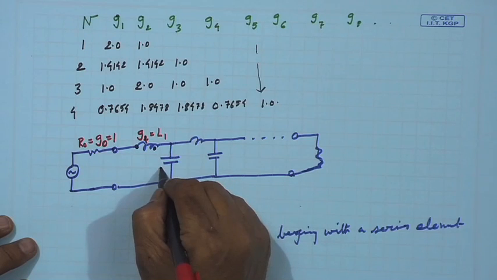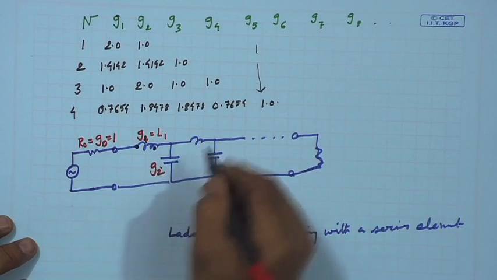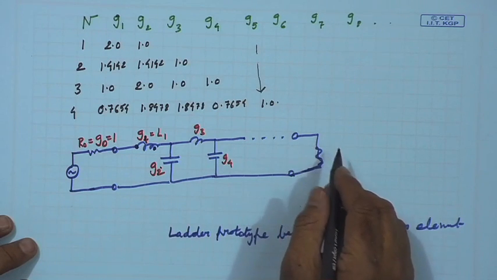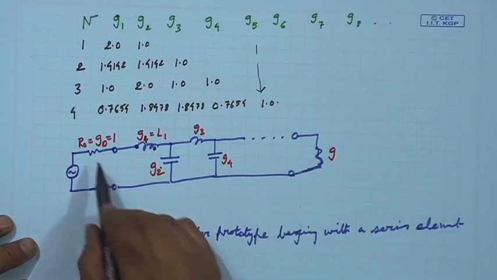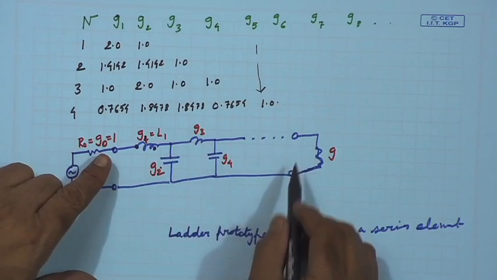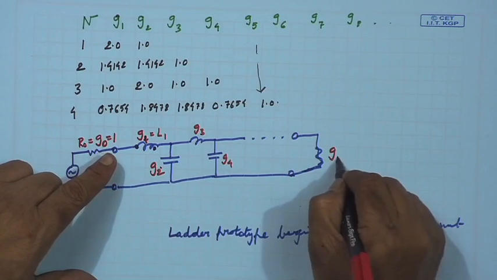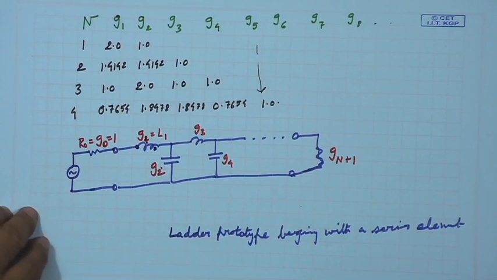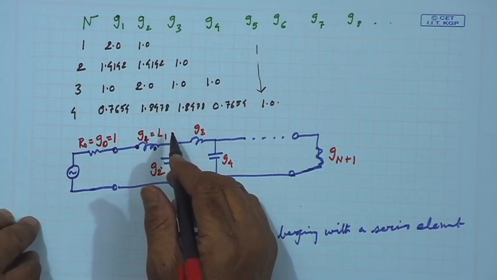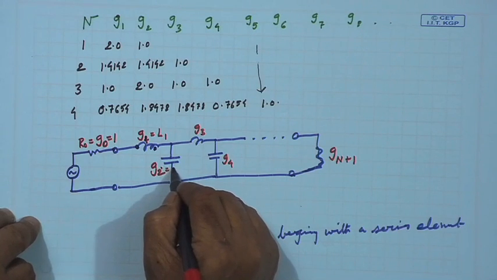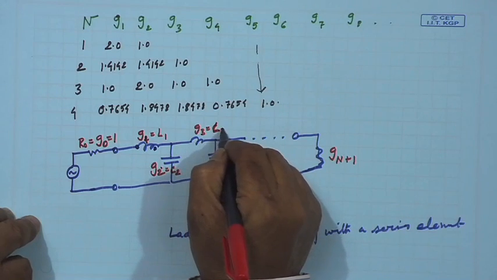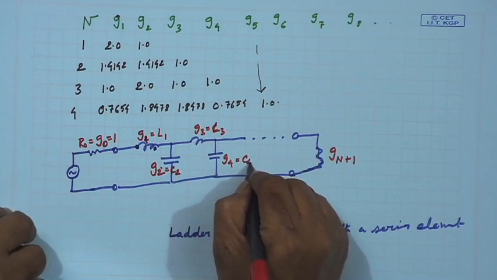Then this one is G2, this is G3, this is G4, and the last one, since we are starting here and there are capital N order, is an extra one, so G n plus 1. So this is the ladder prototype beginning with a series element. This is your L1, this will be C2, this is L3, this is C4, like that.